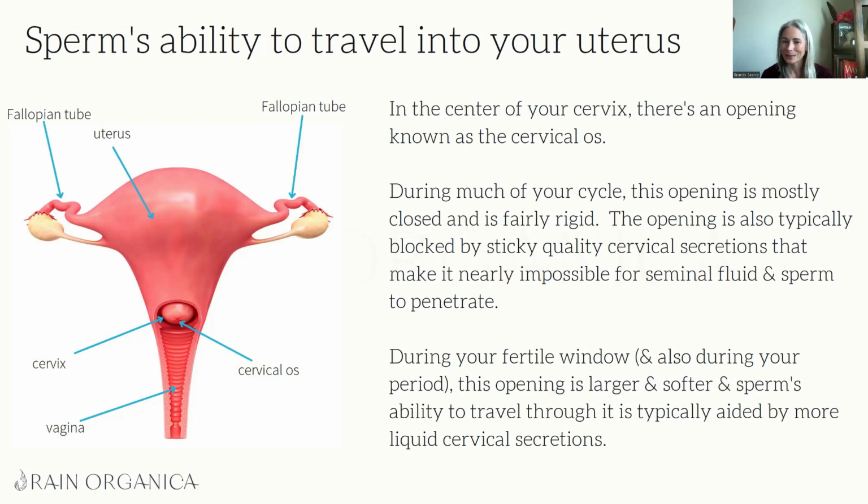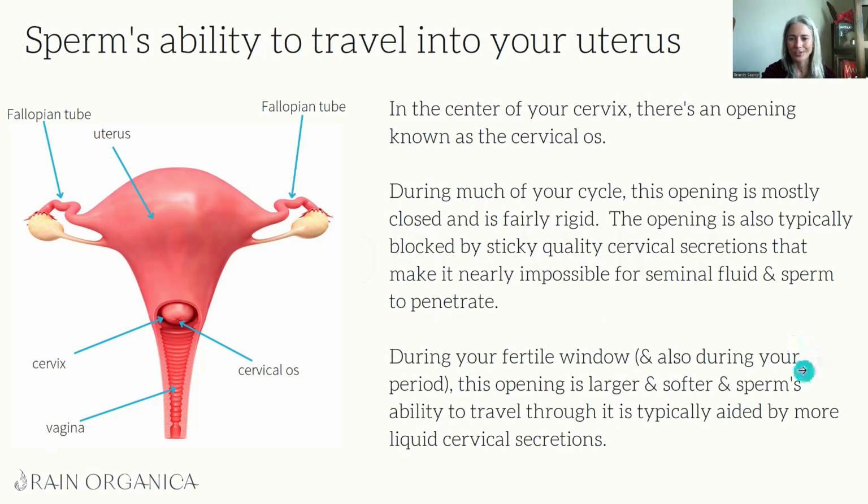However, during your fertile window and also during your period, this opening is larger and softer because your cervix itself is softer. And the condition of your cervical fluid is different during your fertile window. And so sperm's ability to travel through that cervical opening is typically aided by those more liquid and copious quantities of cervical secretions.